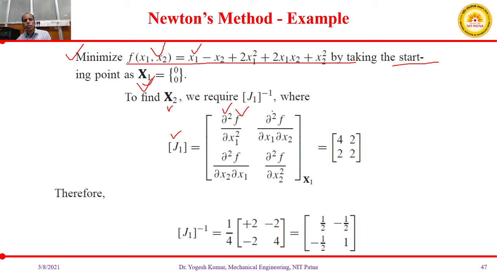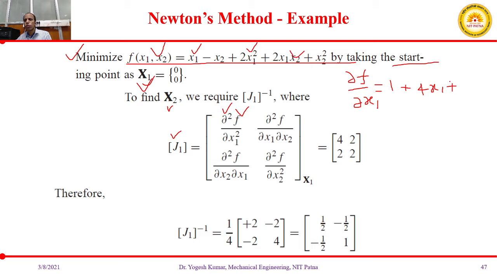If you calculate these values, first del f over del x1 will be 1 plus 4x1 plus 2x2, we have done this previously also, so you might be aware.